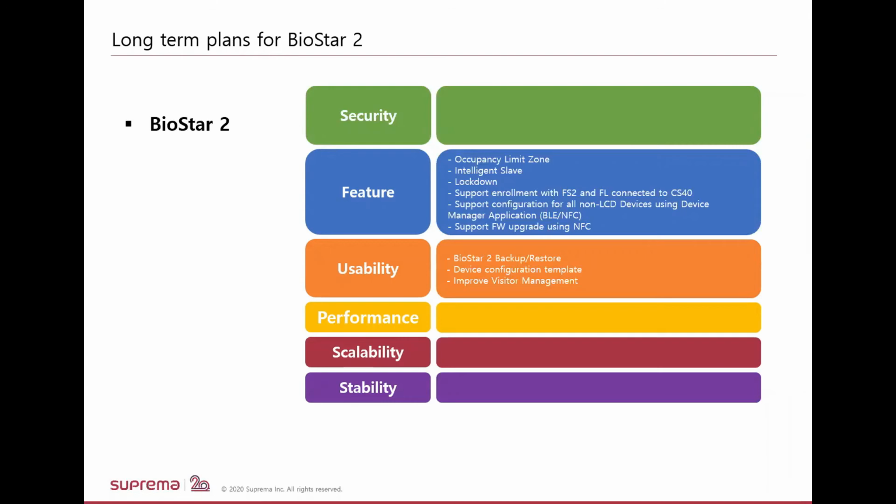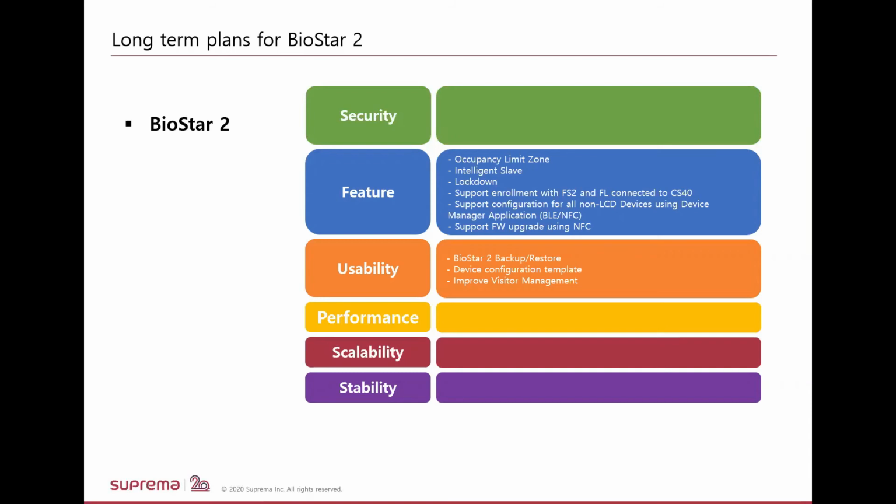But for the long term, which will be most of the second half of 2020, the occupancy limit zone, this is not the actual name, it's just a pseudo name. Because of COVID-19, social distancing is now a big, not like a law, but some kind of rule that we all agree on.